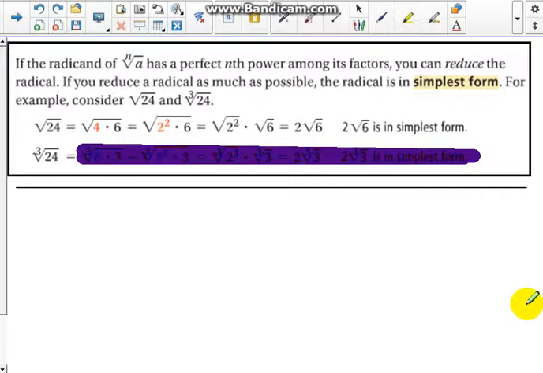Okay. Next, look at the cube root of 24. The first thing we're going to do is write things in cubes so we can clear them.